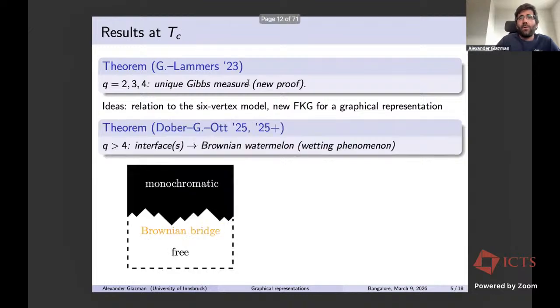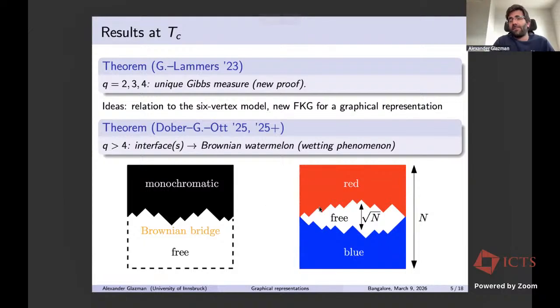At the same time, when Q is above 4, we prove convergence of the interface between these phases to a Brownian bridge. So this was what they conjectured before, exactly. If you put above monochromatic, below monochromatic, you have one Brownian bridge. And if you have above, let's say, red and below blue, then you have two Brownian bridges, which will be avoiding each other.